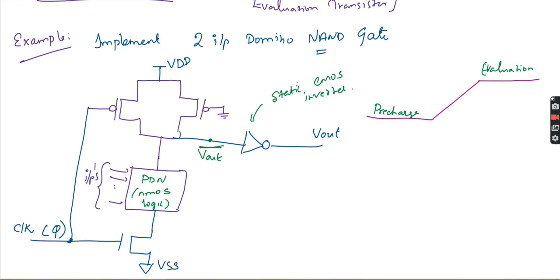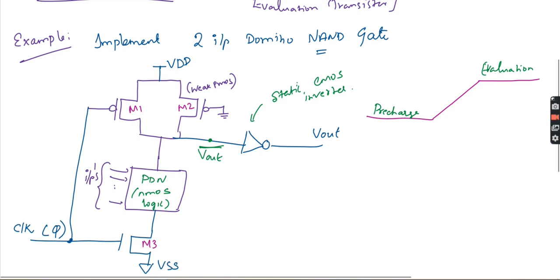Here this is a weak PMOS, or very small PMOS. Then I will name it M1, this is M2, and this transistor is M3.